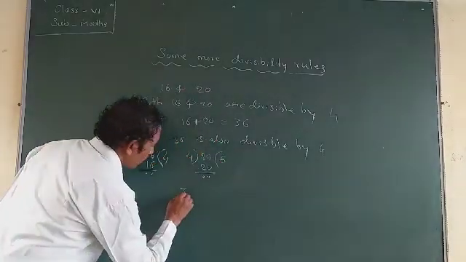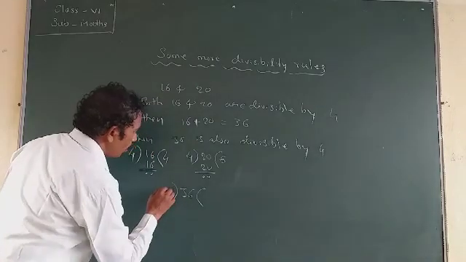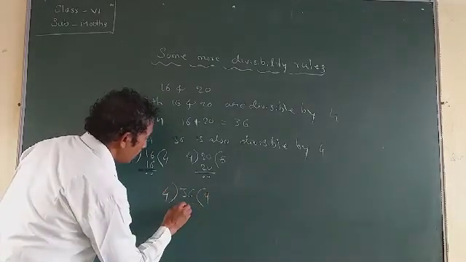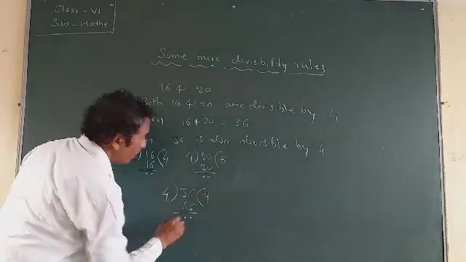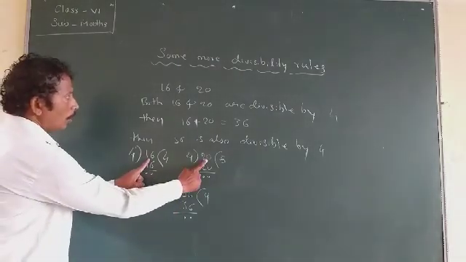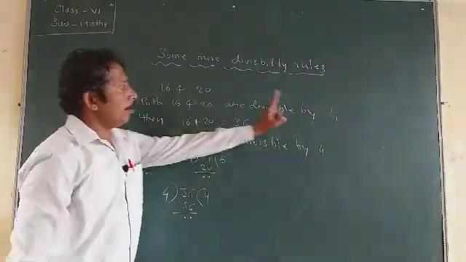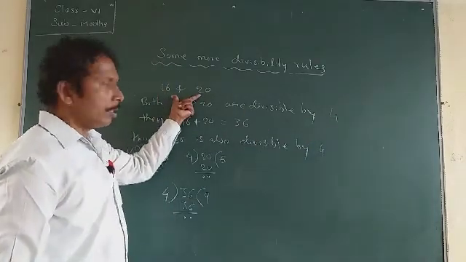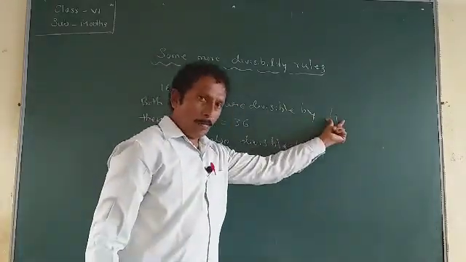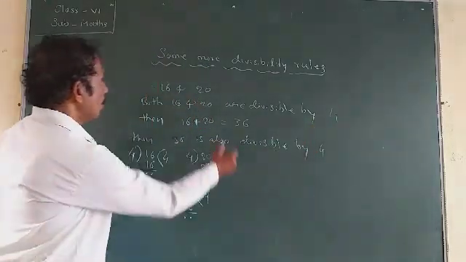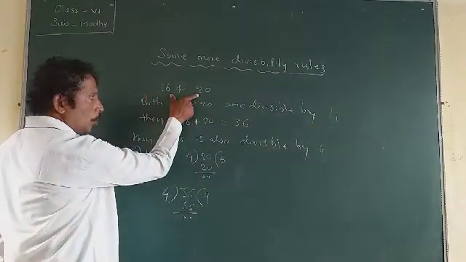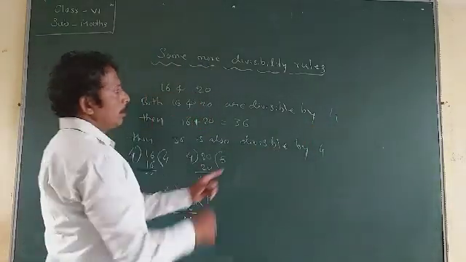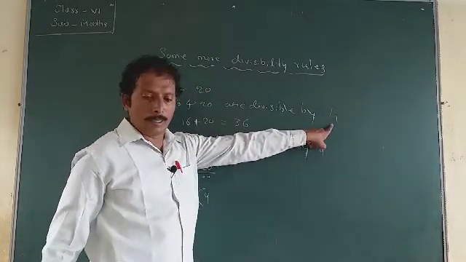Their sum is also divisible by 4. 4 9s are 36. If two numbers are divisible by one number, then the sum of those numbers will be divisible by the same number.